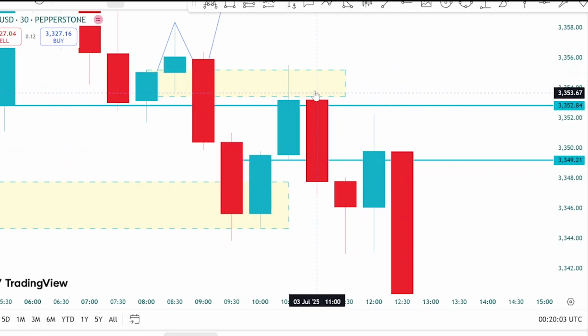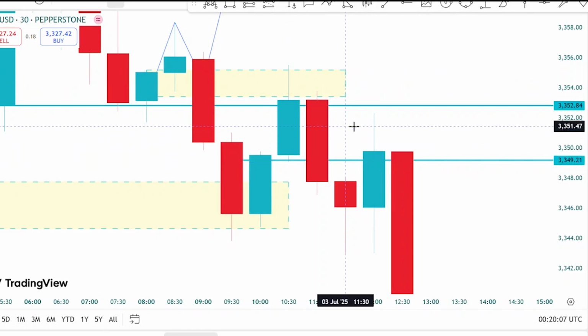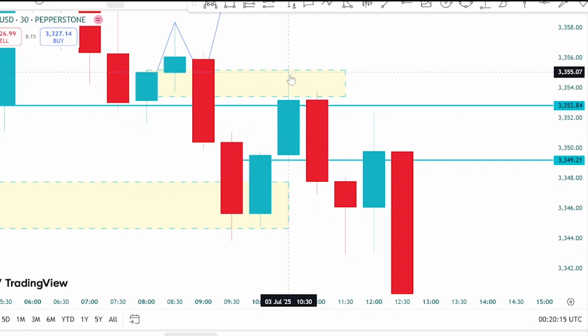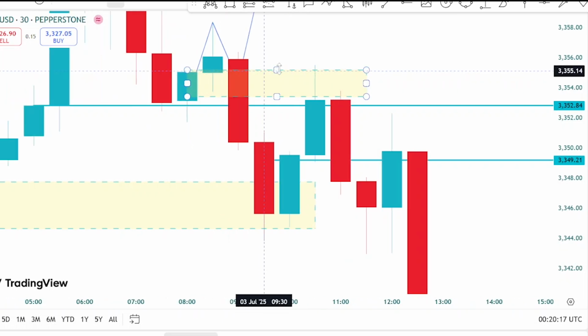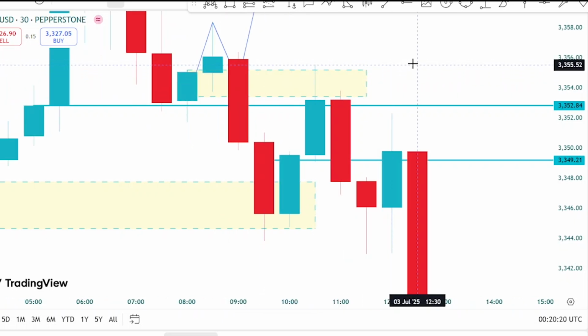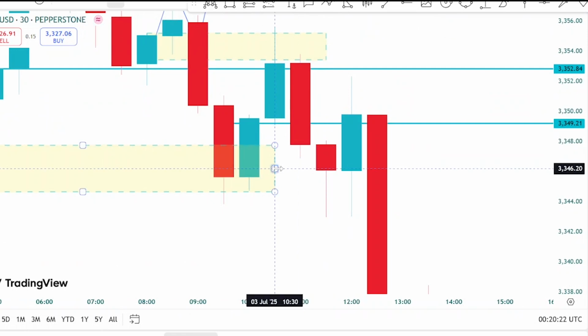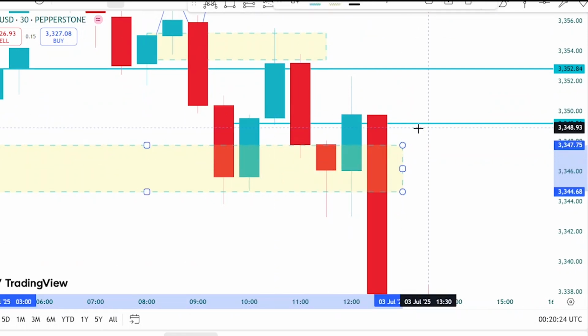Then when the market decided to move down, we hit your break even, but this time you are not losing in the market. So then what happened, rejected from this area, this is the target, we got to the target, this was a take profit from this area, the market moved down, so that's when we are waiting for the news.